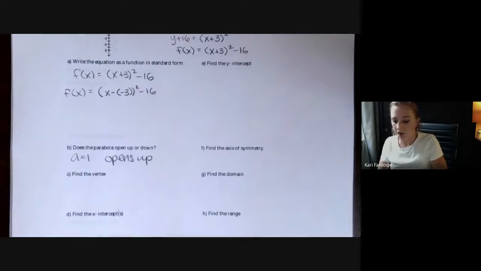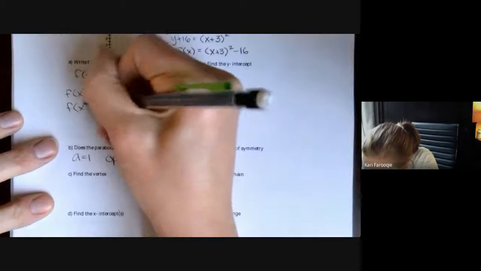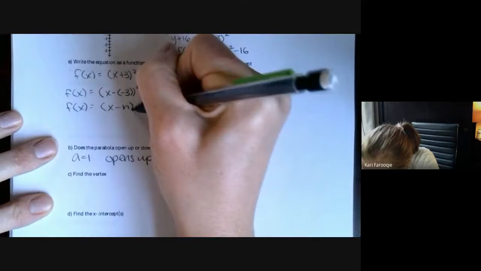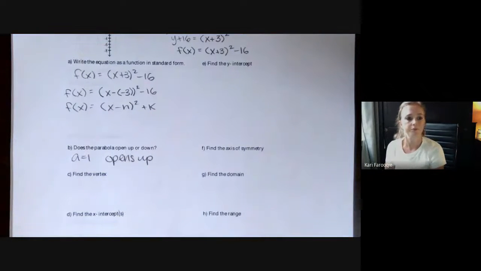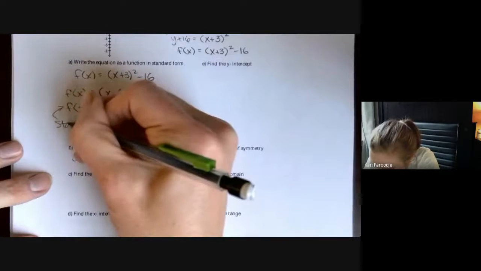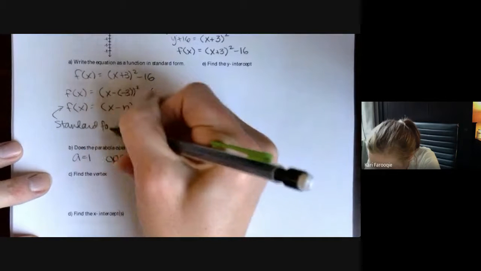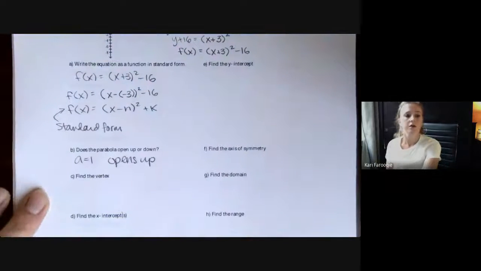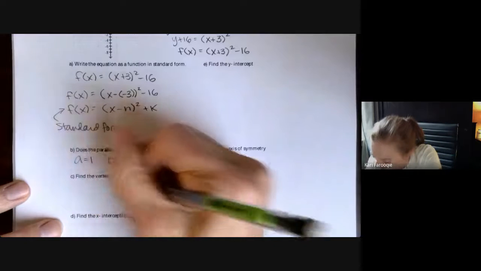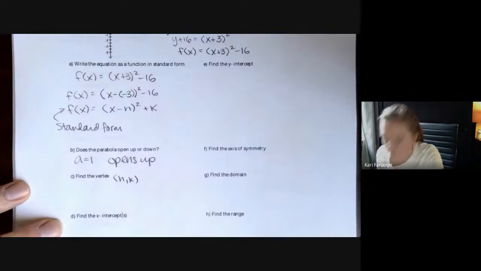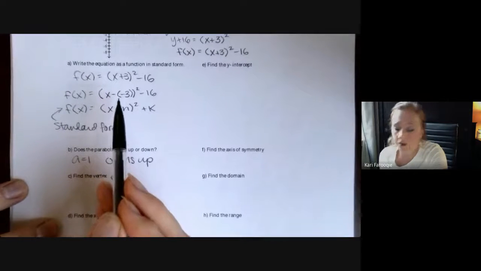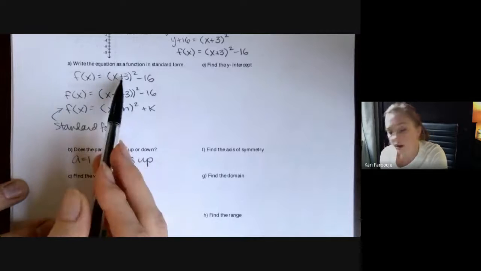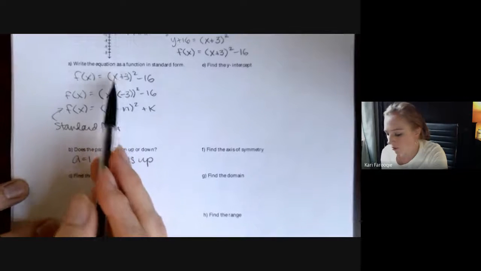And I'm going to write our standard form function below this one so you can compare. So that is your standard form. Remember, your vertex is h, k. You don't have to do this when you're working on your exams, but I think you'll get used to just taking the opposite of the sign for this term.